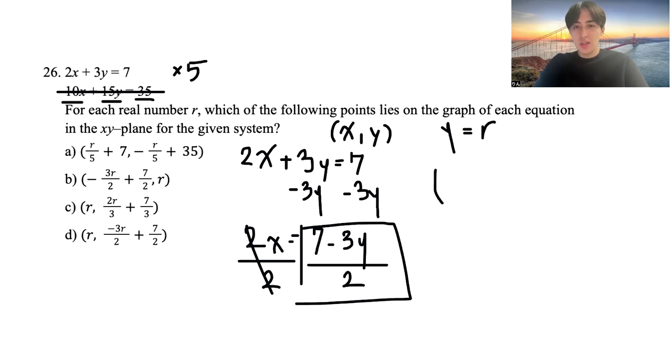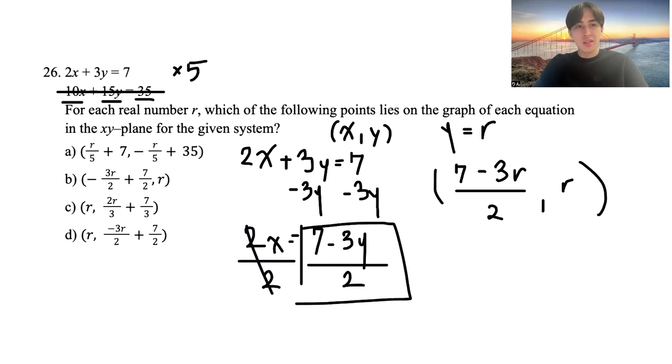So when you plug in 7 minus 3y over 2 as the x value, you replace the y with r, and the y value will just be r. This is your answer for this question, the point on the graph.